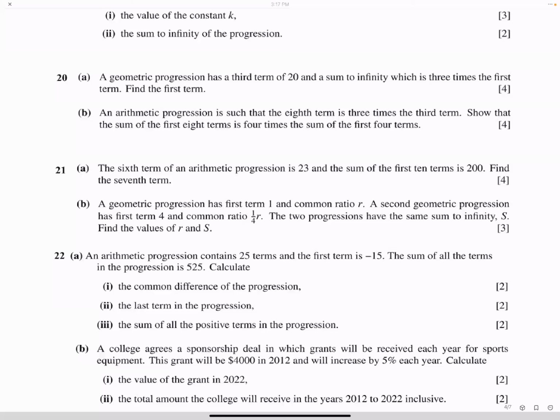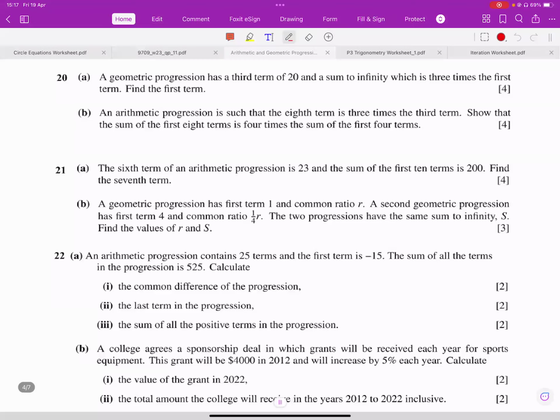Okay, be careful with questions like these. Something like this: total amount the college will receive in the years 2012 to 2022. How many years is this? How many terms is this going to be?